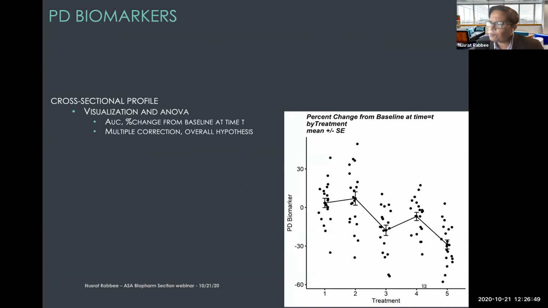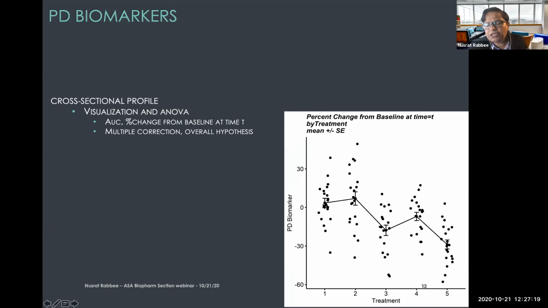Next, let's move on to the PD biomarkers. In this example, you can see I have, let's say, 5 treatment levels, and I have a PD biomarker here. What is the exact endpoint? It's percent change from baseline at time equals T, say 1 month after the treatment.